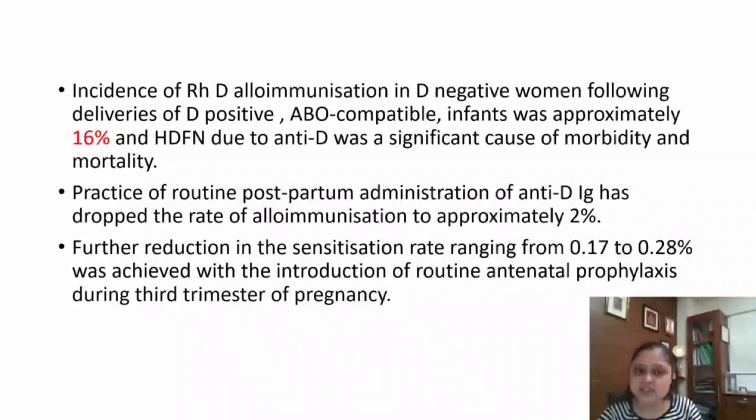However, the practice of routine postpartum administration of anti-D RhIG immunoglobulin has dropped the rate of alloimmunization to approximately 2%, and further reduction was noted in the sensitization rate ranging from 0.17 to 0.28% with the introduction of the routine practice of antenatal prophylaxis during the third trimester of pregnancy.